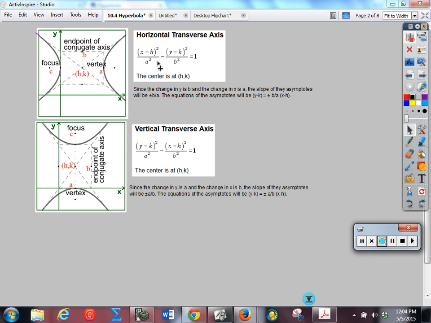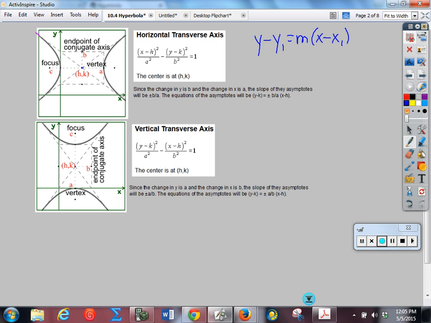Asymptotes. Because once you draw your corner points of the box, you need to know where you're going out to. If you just put them here and just draw it, you don't know how steep it is. The equation of the asymptotes on this one right here, hold on one second. This is going to be your point it goes through. So if you do point slope form, where you have y minus y1 equals m times x minus x1, like we did in your quiz, the point that it goes through is always going to be h, k.